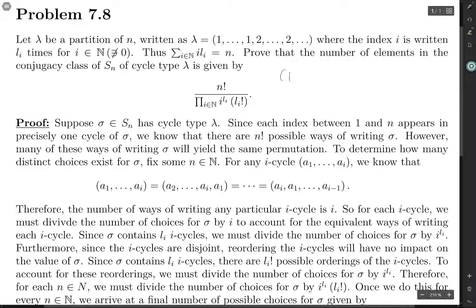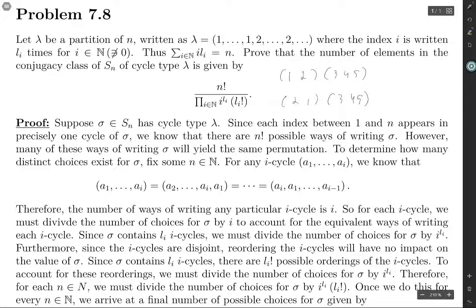If you take 1, 2, 3, 4, 5, this is the exact same thing as 2, 1, 3, 4, 5. This is really what we're doing in this problem: we're accounting for all of these different ways of writing these elements of Sn.